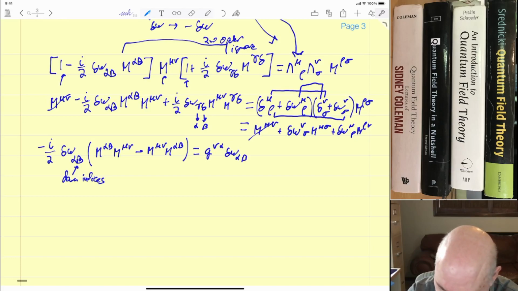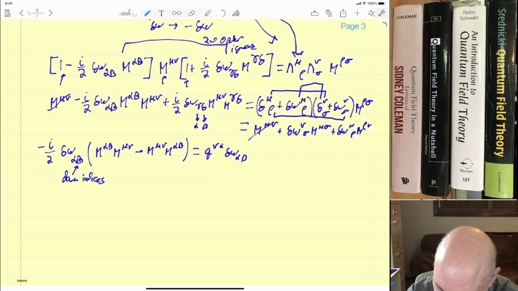Now you can see how, anyway, when this acts on this it will be G nu beta.